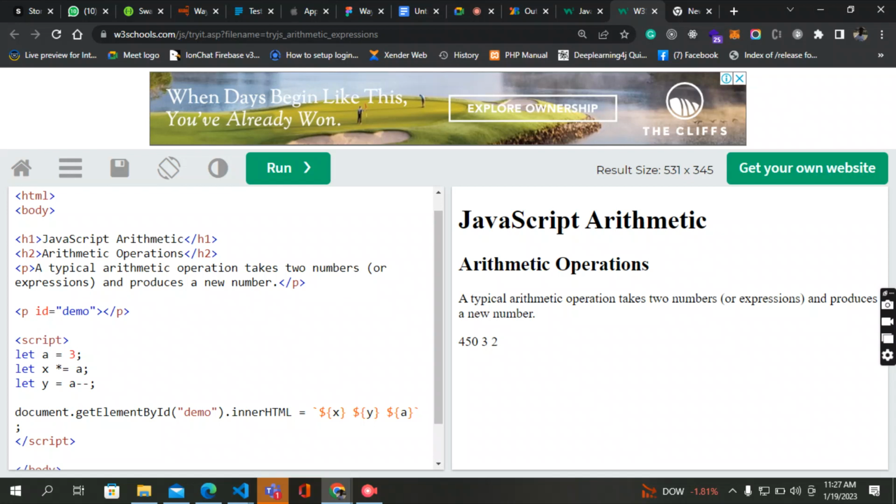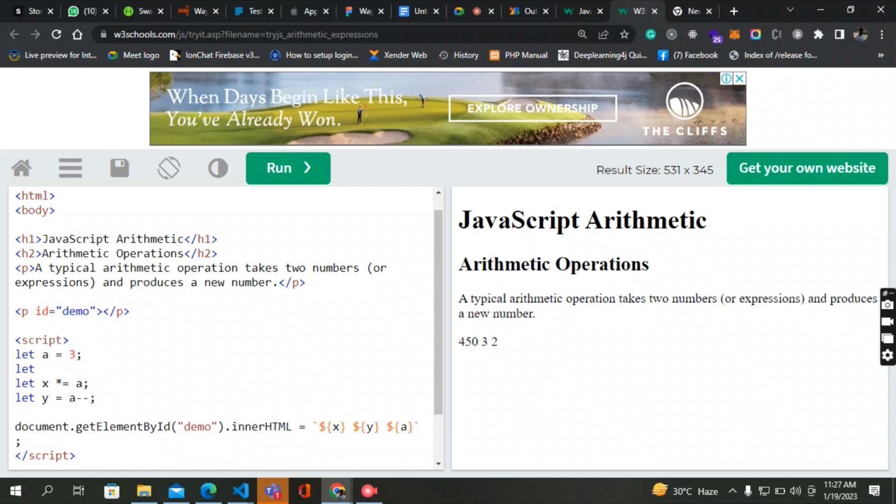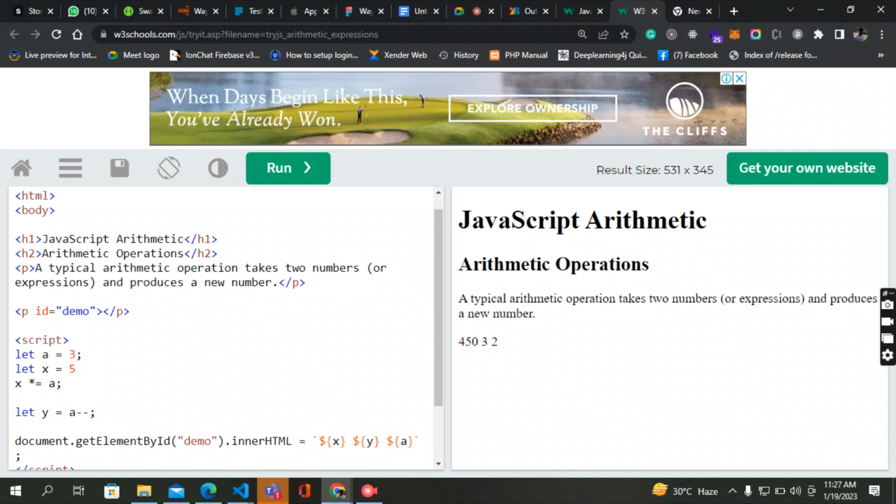So let's see, let x equals 5, and then with this now, what this guy will do for us is that it will multiply the value of x by the value of a, and it will now save it inside x.